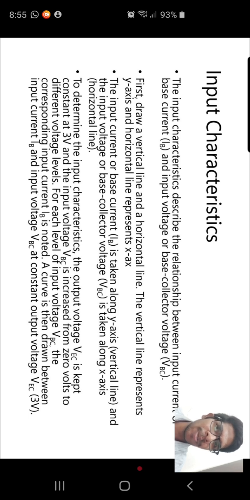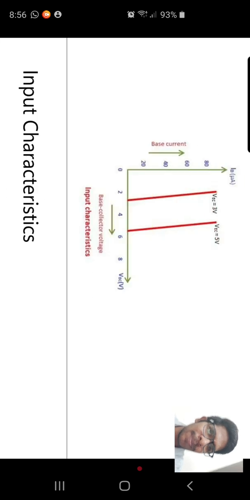To determine input characteristics, output voltage VEC is kept constant at 3 volts. Input voltage VBC is increased from 0 volts to different voltage levels. For each level of input voltage VBC, the corresponding input current IB is noted. A curve is drawn between input current IB and input voltage VBC at constant voltage VEC.